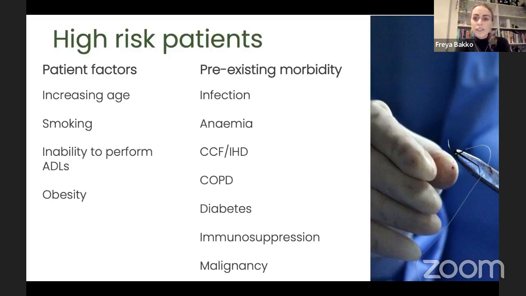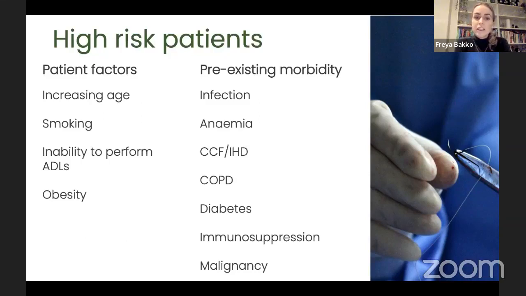Smoking increases your risk drastically. Your baseline activity level, so inability to perform activities of daily living. We'll talk a bit about the baseline assessment of a patient's ADLs later. And then obesity is a very strong risk factor for post-operative morbidity.